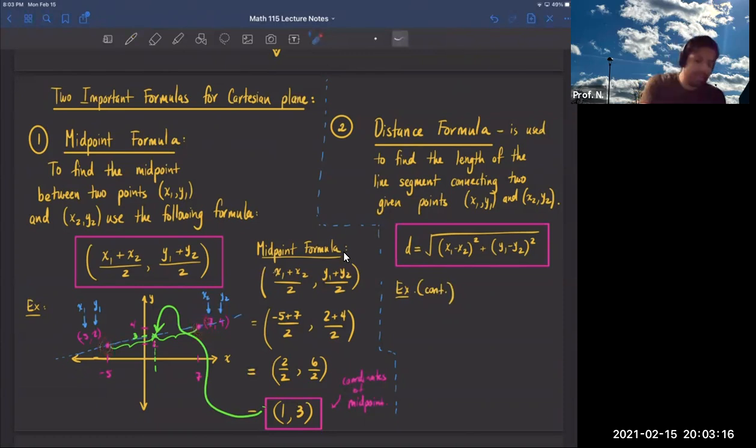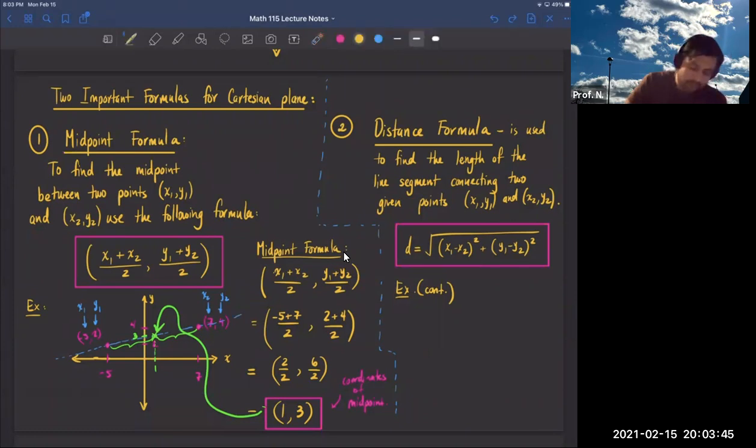And now my question is, find the distance between those 2 points. So I want to find how long is this? I want to find the length of this. If I were to measure this with a ruler from this point to this point, how long would it be? Or it doesn't have to be a ruler, any measuring instrument. How long would it be?